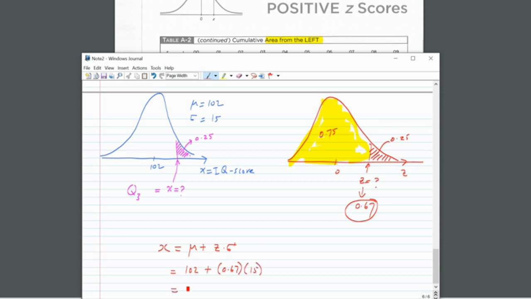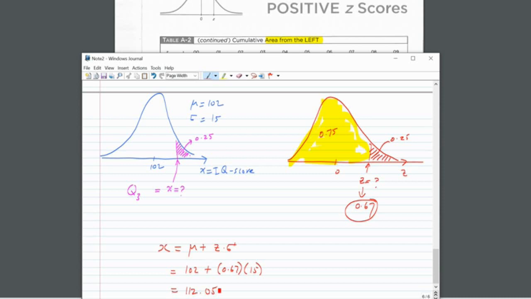So let's find this value, 0.67 times 15, and add to 102. So we get 112.05. Let's see how many decimal places we need to round off.